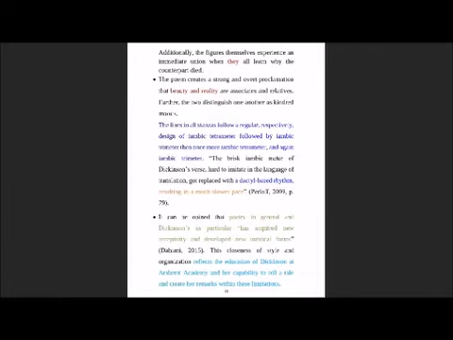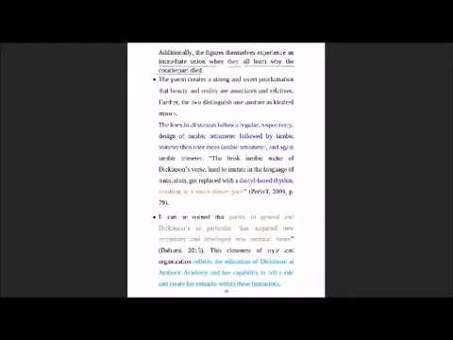Additionally, the figures themselves experience an immediate union when they, beauty and reality, learn why the counterpart died. For what? For the other. The death is for the other.